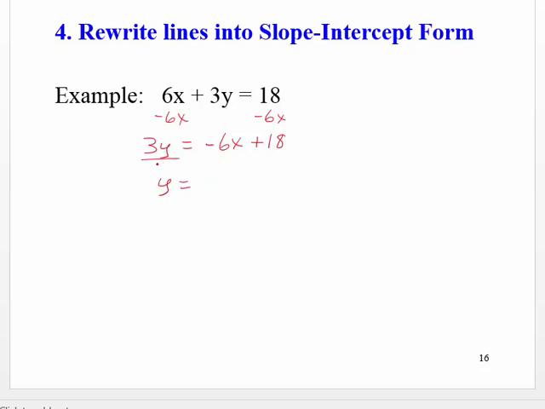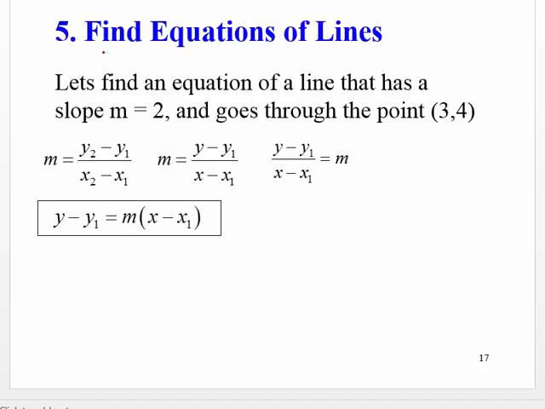So we divide this by 3 and divide this by 3. These cancel, and we get y is equal to minus 2x plus 6.